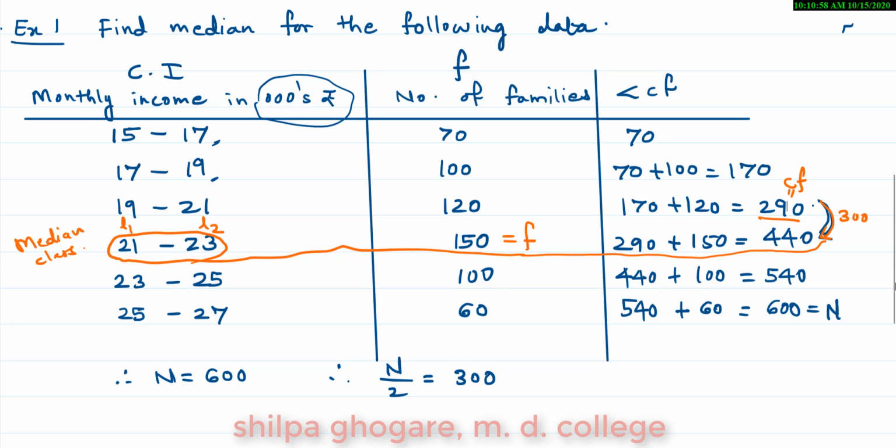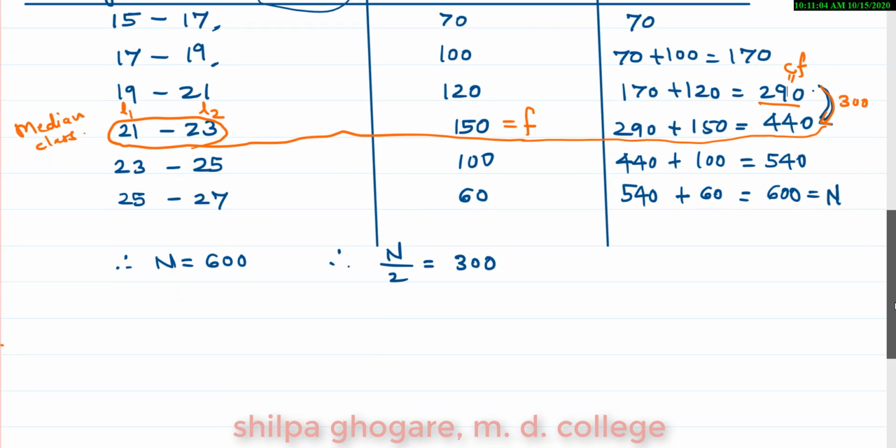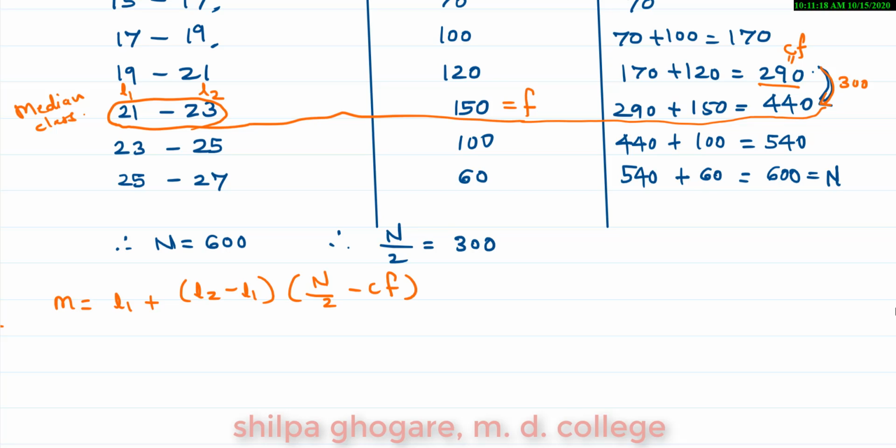Now let us write the formula again and make the substitution. So I'm writing the formula here. Median is equal to L1 plus L2 minus L1 times n by 2 minus CF, divided by F. Now to save space, and since my board is horizontal, I am continuing on the right hand side.